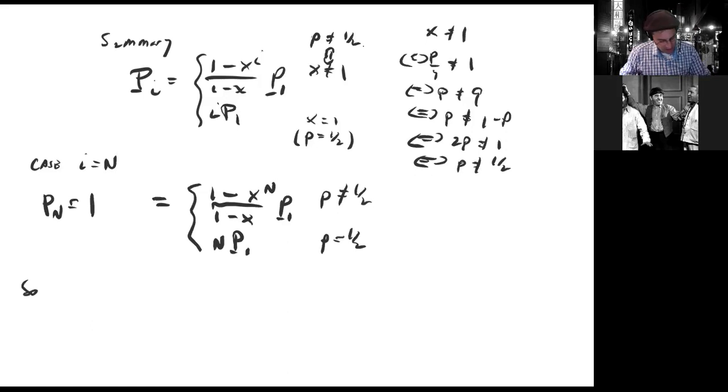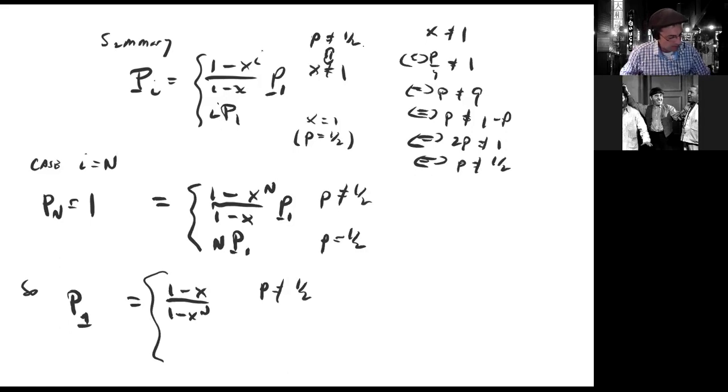So this tells us that P1 is equal to (1 minus x) over (1 minus x to the n). Notice I've taken the reciprocal because I'm solving for P1, if P is not 1/2, and it's equal to 1 over n if P equals 1/2.